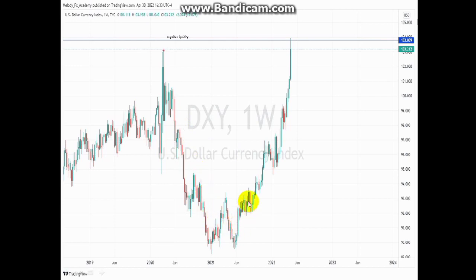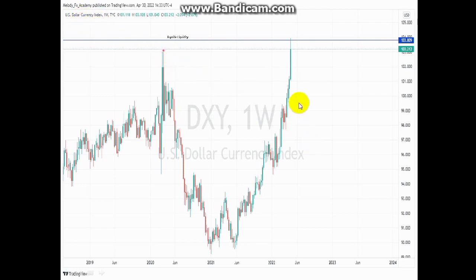Okay, in other words, the trend that, as we can see right here, is currently bullish on the DXY is going to be an opposite move for the pairs that are paired against the dollar index.